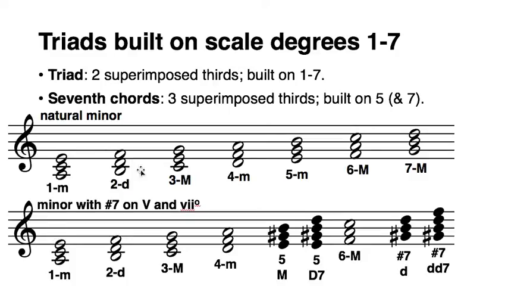So instead of this, what you'll mostly find is this, right? Tonic being a minor triad, supertonic diminished, mediant major, subdominant minor, and then you have the major dominant or dominant seventh, and then you have the major submediant, diminished leading tone, or fully diminished leading tone.